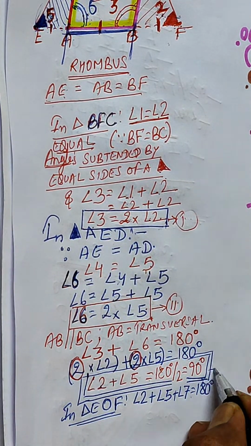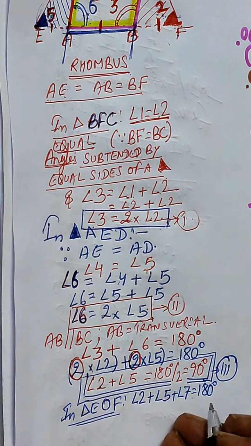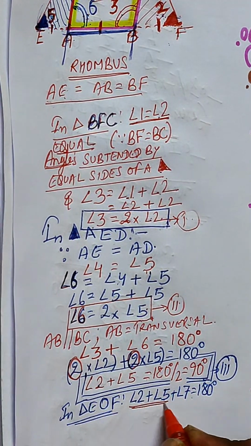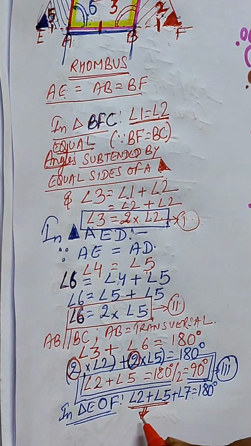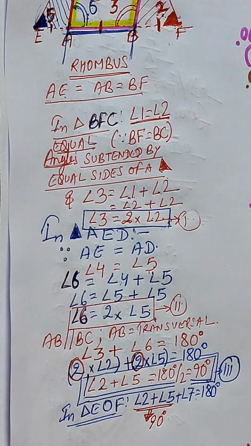Let's say this is equation number 3. So using equation number 3, in place of 2 plus 5, we can write 90 degrees, right?